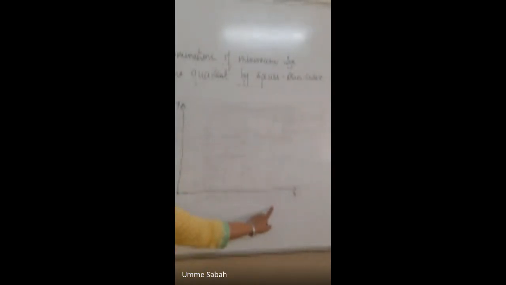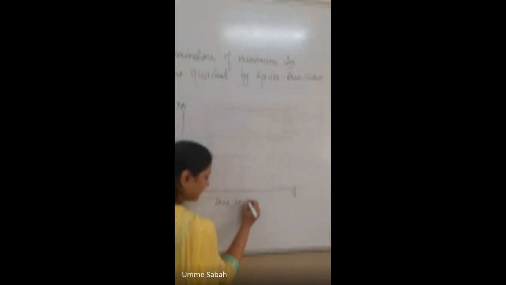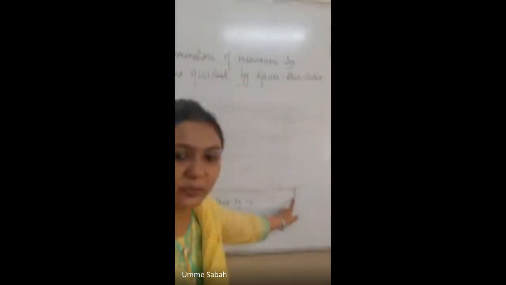So on your horizontal line, the x-axis, we will be writing area, square centimeter. Which means on the x-axis you will be writing the area. And on the y-axis you will be writing the number of species.